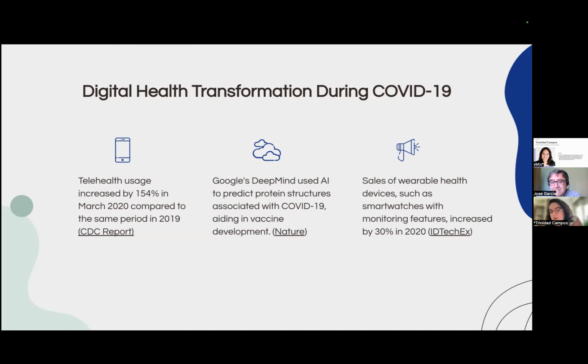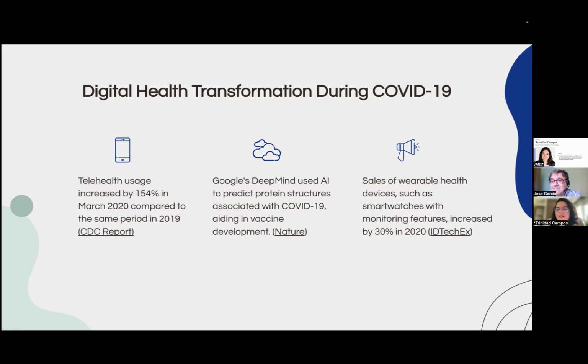Also, talking about AI, we cannot forget the role that AI played in aiding vaccine development. Even Google's DeepMind AI helped predict protein structures. So the AI revolution came into place as well. Another topic is wearables and all these devices that help monitor our health, how our lifestyle is going, blood pressure, sleep.